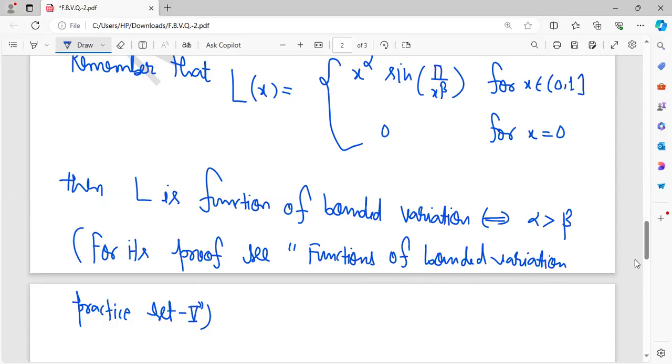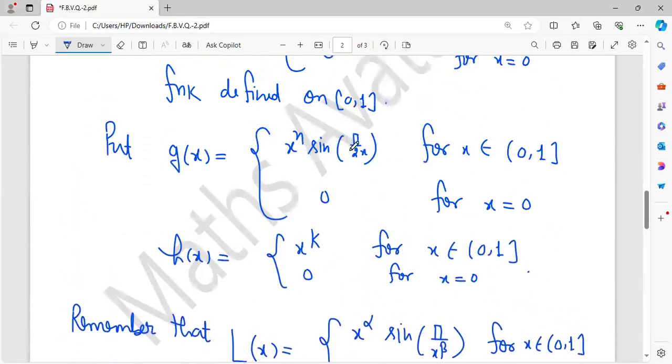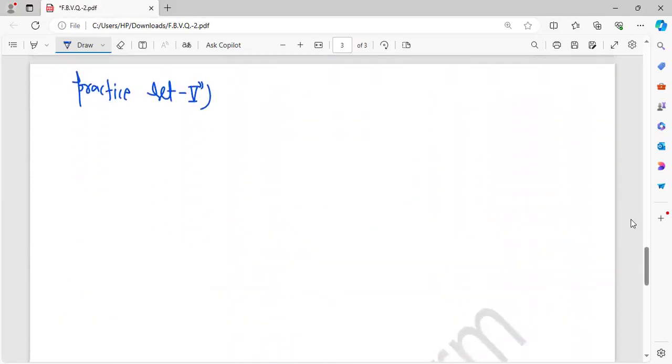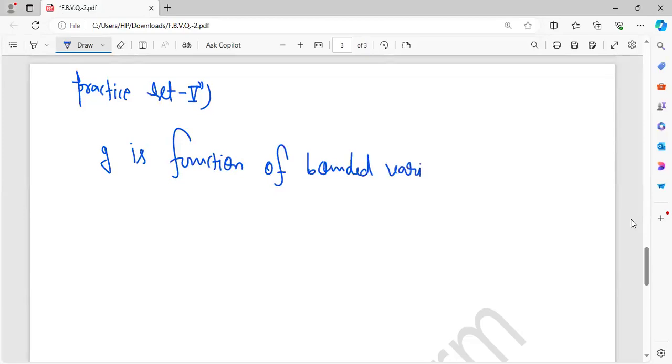Now you see your function g. Here there is a 2, but the 2 factor will not affect anything. So g will be a function of bounded variation if n is greater than β, because x to the power 1 is there.